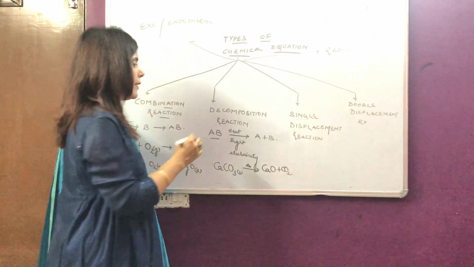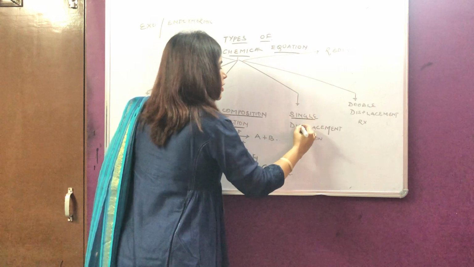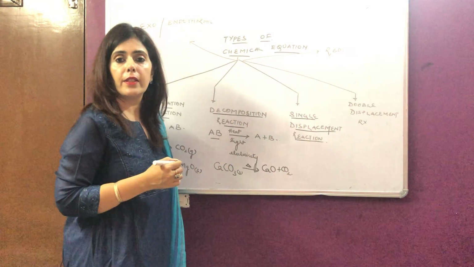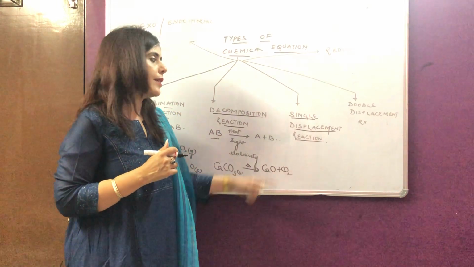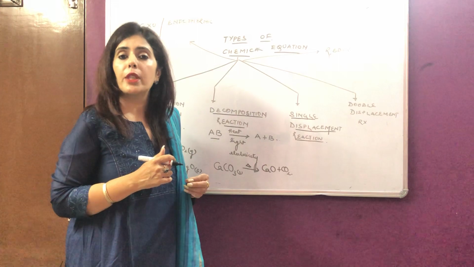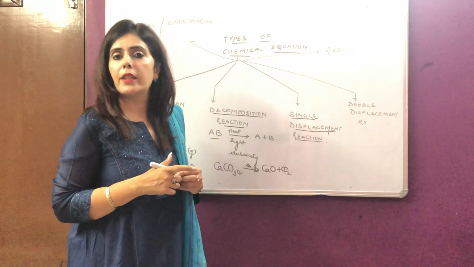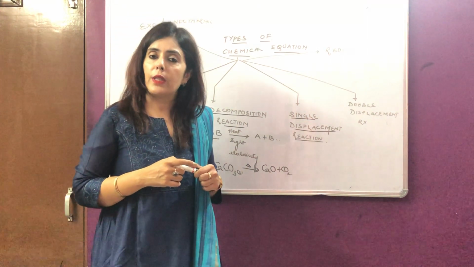Now what do we mean by single displacement reactions? We all did the reactivity series. All those who haven't learned the reactivity series yet are supposed to learn it again today, because in single displacement reaction, we can predict the products only if we are sure about the reactivity series. So what does single displacement reaction say?